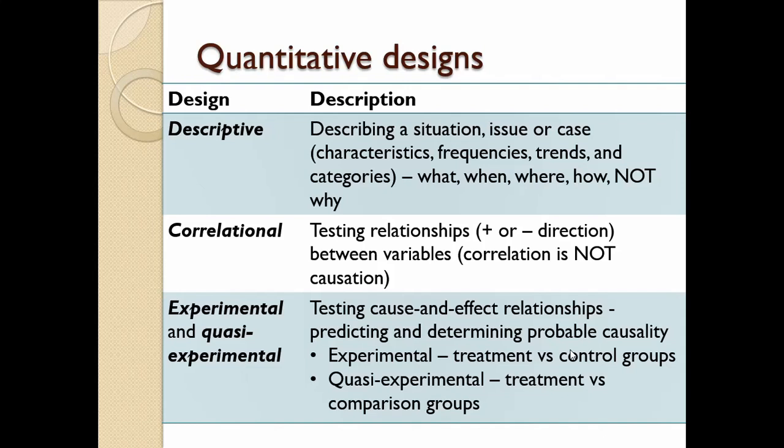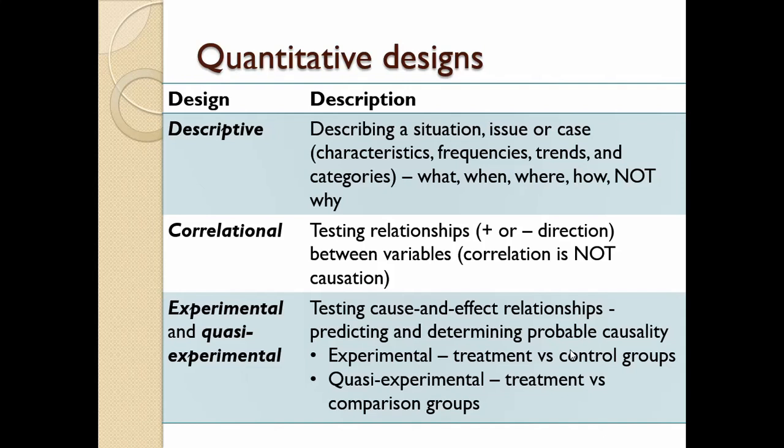Okay, but it does not necessarily mean that when you test those relationships, if income relates to buying a car, income causes one to buy a car. That's what we mean by correlation is not causation.